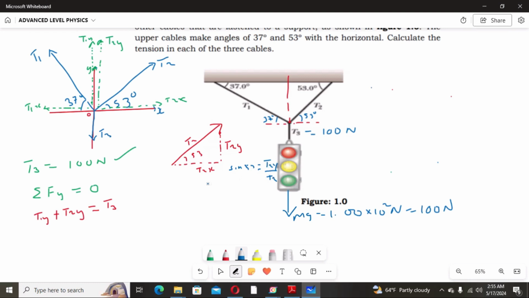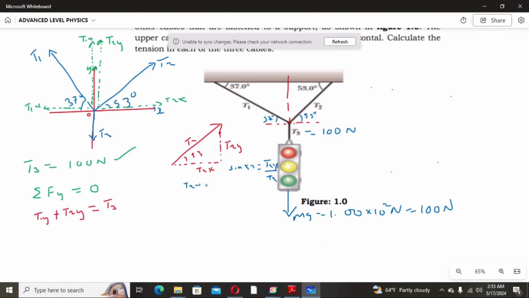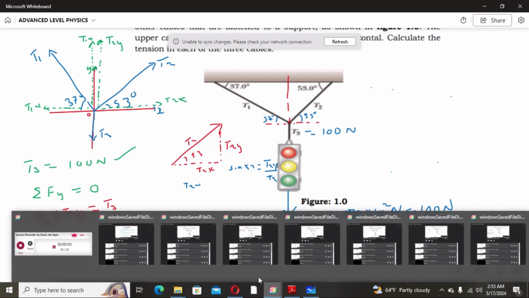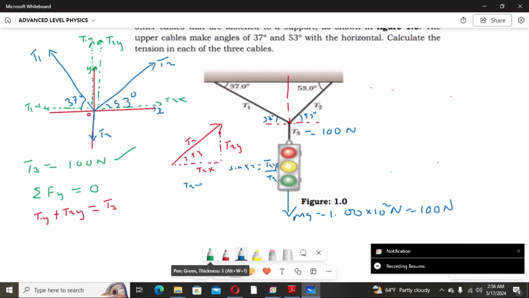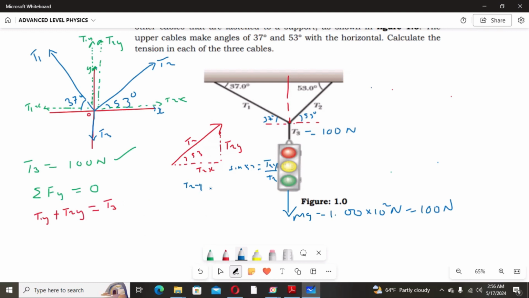So solving for T2y, T2y is equal to T2 times sine 53. So that's how we get the opposite component.